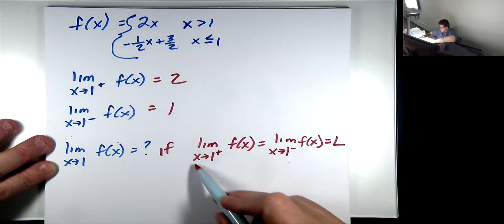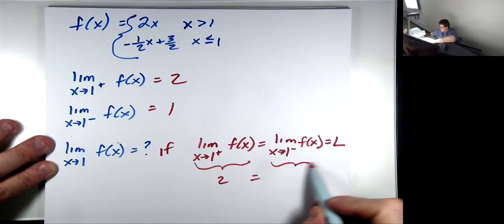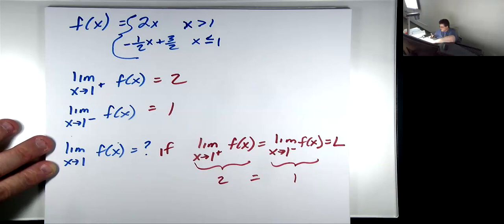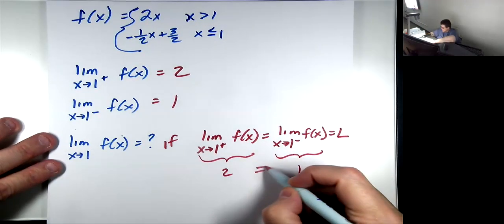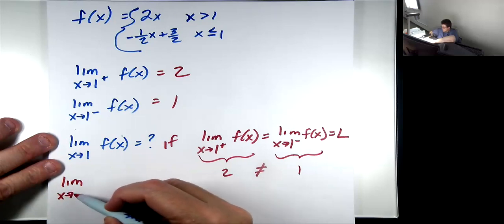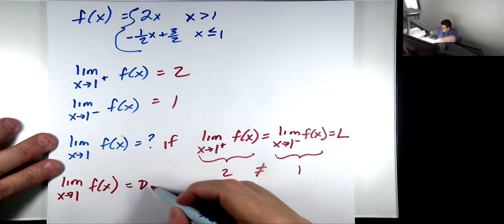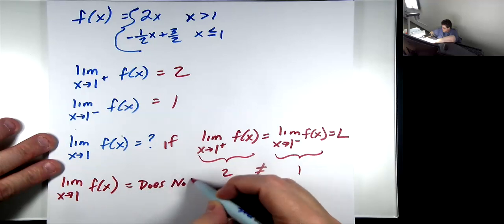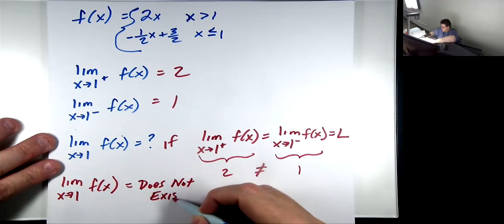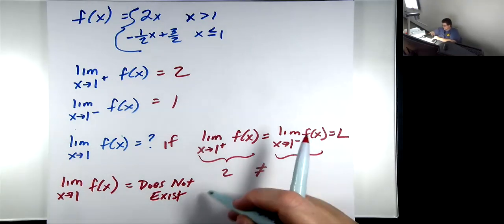This is 2, and that says 1. 2 does not equal 1. So the limit as x approaches 1 of f of x does not exist. And I like to write that as DNE.